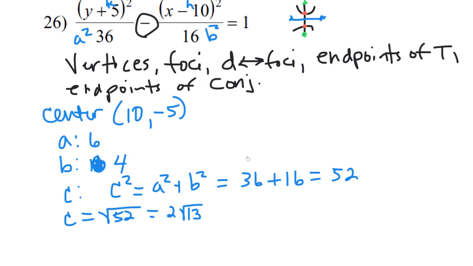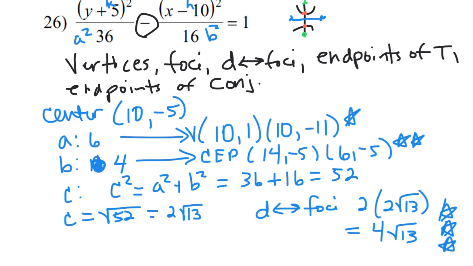That's going to be the value I'm going to add and subtract to get my foci. This is the value I'm going to add and subtract to get my conjugate endpoints. And this is the value I'm going to add and subtract to get my transverse endpoints, or my vertices. Those are the same thing. Okay, so let's start with finding the vertices, and then we'll find the others.